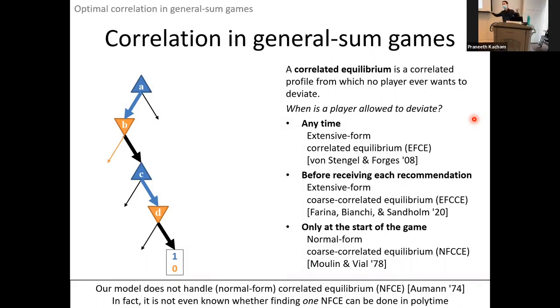The player is told everything they should do at every single information state at the beginning of the game. That does not gel with what we just presented. So our model doesn't fit into that. In fact, normal form correlated equilibrium is a strictly harder problem. No one even knows whether one can be found in polynomial time. That's a pretty big open problem.